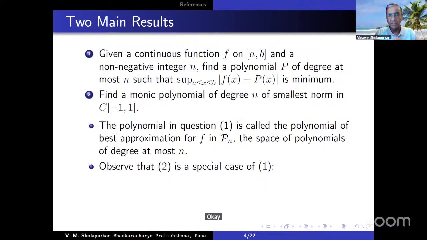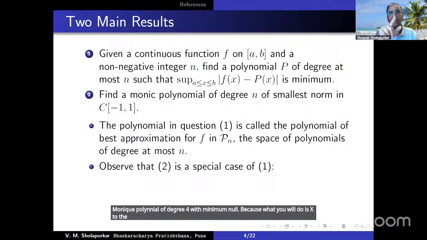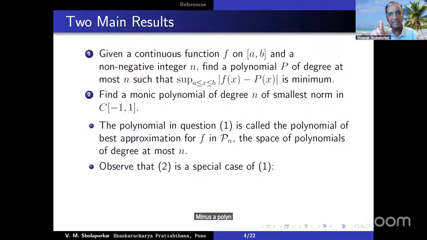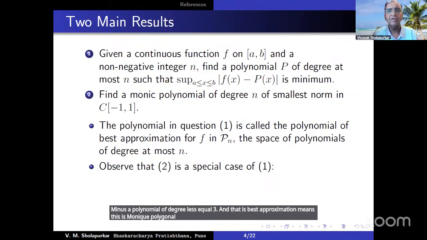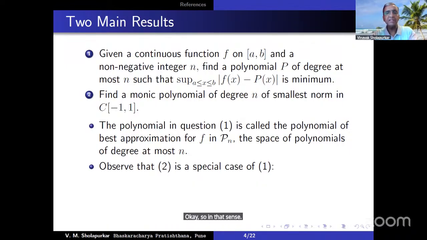Okay. And that is the same as finding a monic polynomial of degree 4 with minimum norm. Because what you will do is x to the power 4 minus a polynomial of degree less than or equal to 3. And that is the best approximation means this is a monic polynomial of degree 4 with smallest norm. Okay, so in that sense, 2 is a special case of 1.